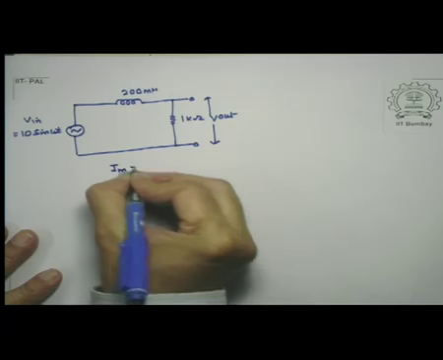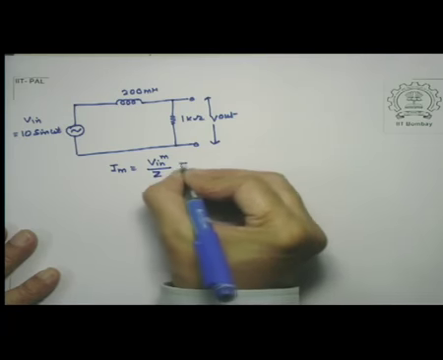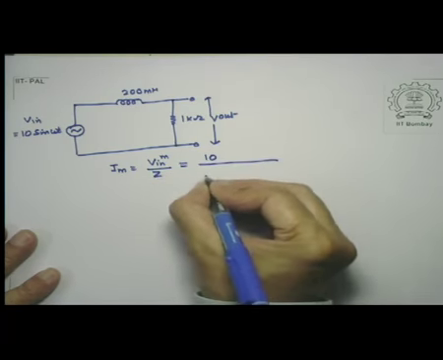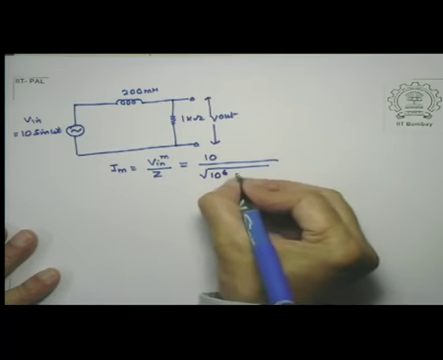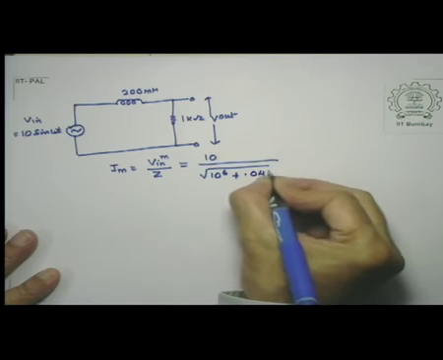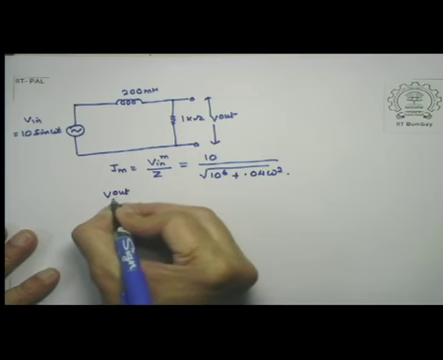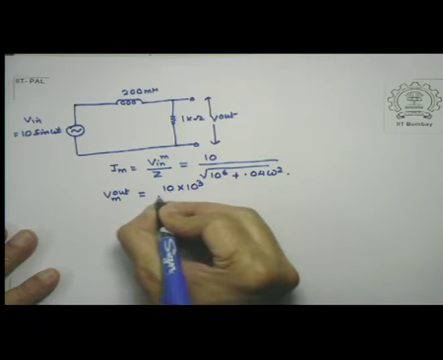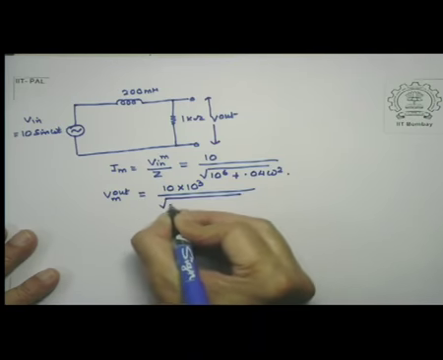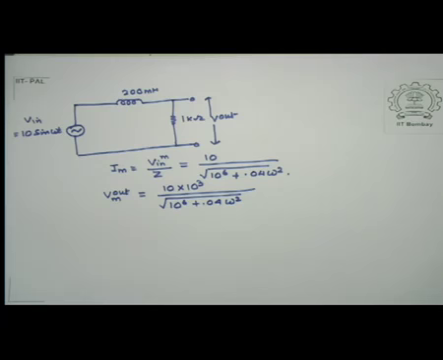So my I M, which is V in maximum divided by Z, is 10 divided by square root of, since it's 1 kilo ohm, 10 to the power 6 plus 0.04 omega square as before, and V out then, which is maximum of course, gives me 10 into 10 to the power 3 divided by square root of 10 to the power 6 plus 0.04 omega square, and if I just want V out, then it's obtained by multiplying with sine omega t.